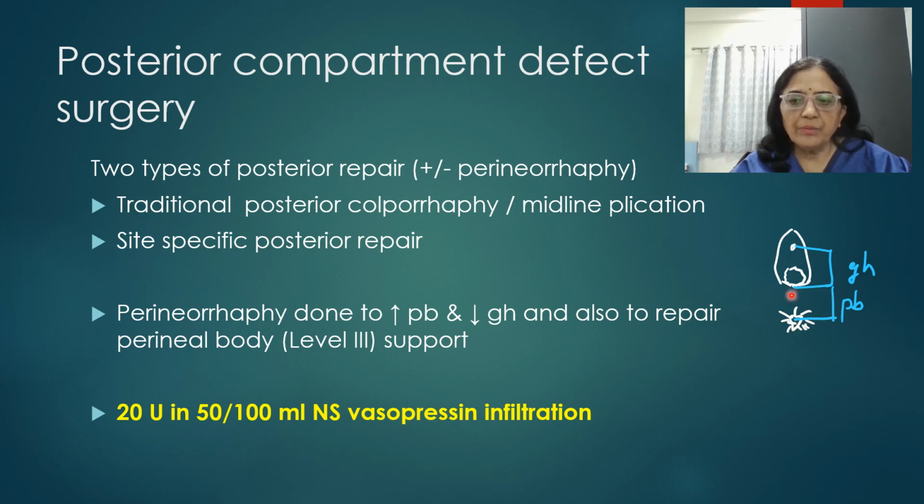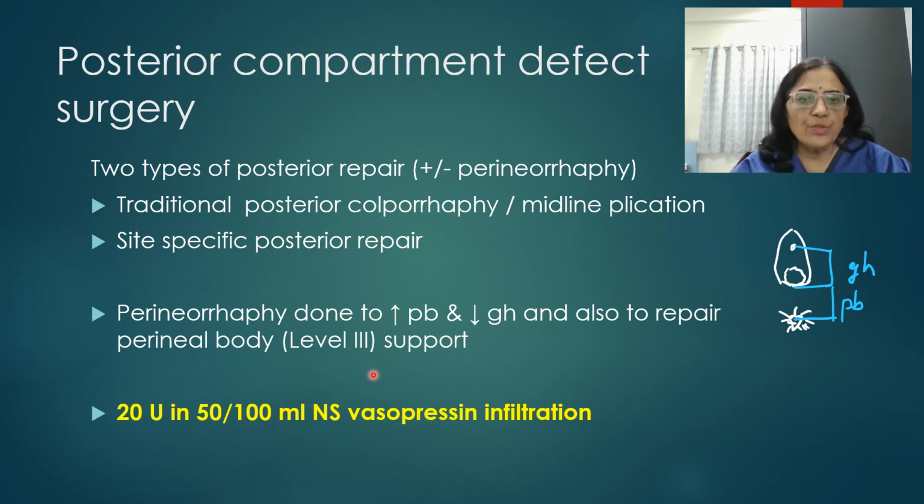With level 3 defects, there is a reduction in perineal body length and increase in genital hiatus. So by perineorrhaphy, we want to correct that. Along with that, we want to reconstruct the perineal body by approximating the muscles contributing to the development of the perineal body.